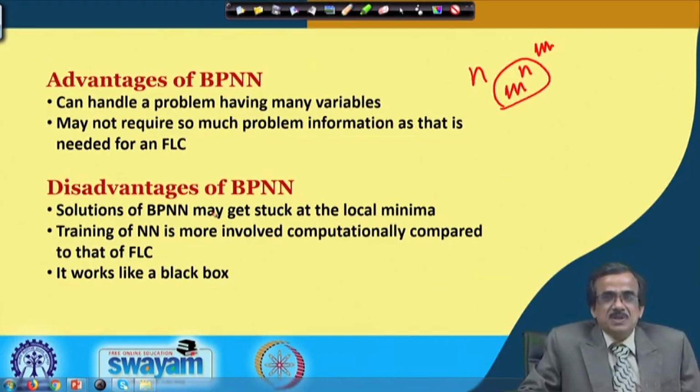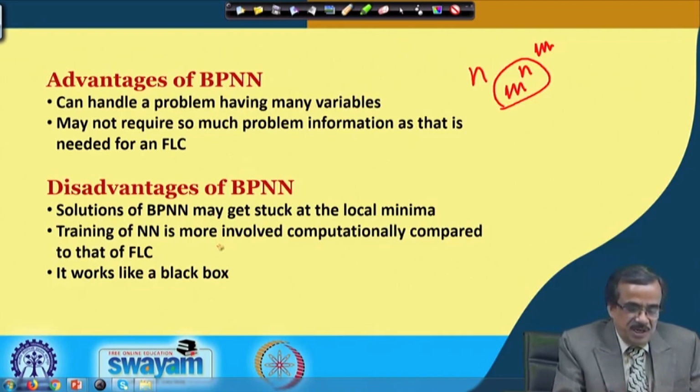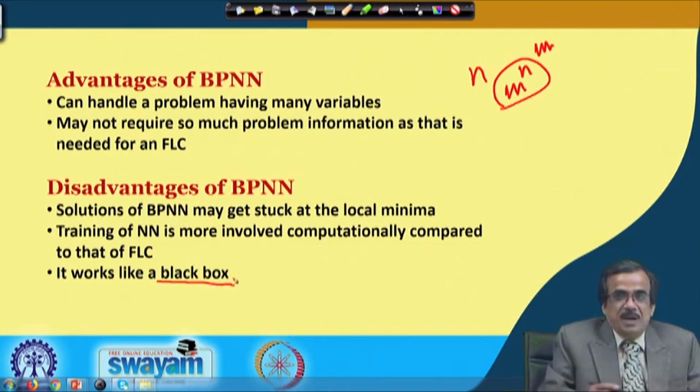Now, if you see the computational complexity, the training complexity of the multi-layered feed forward network is more compared to that of the fuzzy reasoning tool. So, the training of a neural network is computationally more complex. And there is another drawback, that is this multi-layered feed forward network is nothing but a black box.